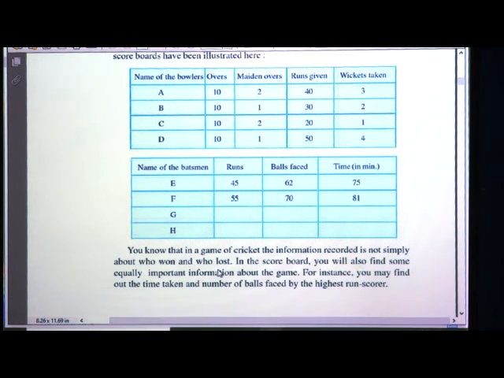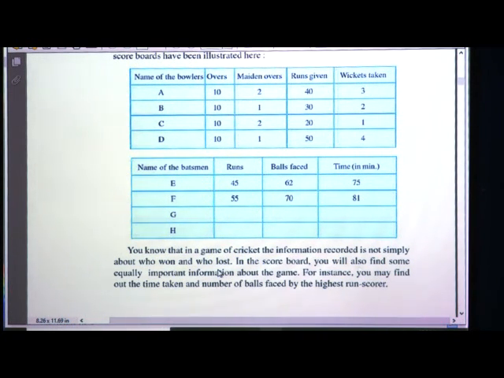You like cricket. I think most of you are fans of cricket. You like to watch it. So you also know that the information recorded is not simply about who has won the match or who has lost the match. It is about giving the information about each batsman, each bowler, everything.